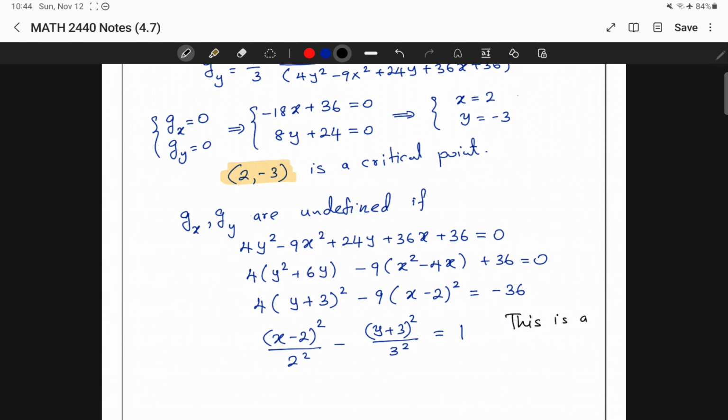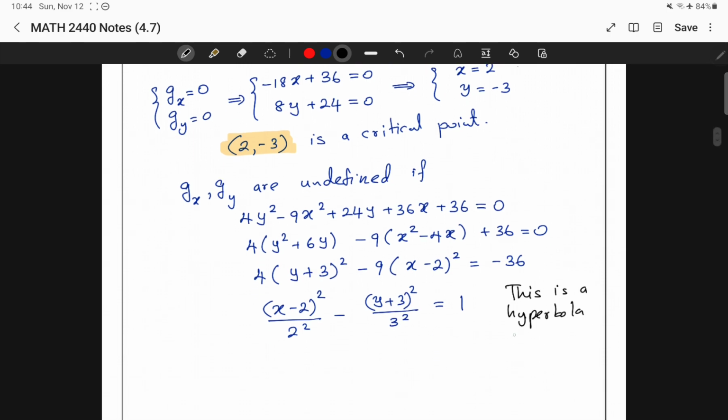So this is a hyperbola with center 2 comma negative 3. So that is the critical point we found earlier.